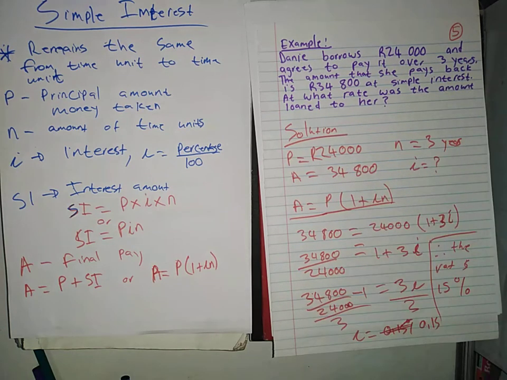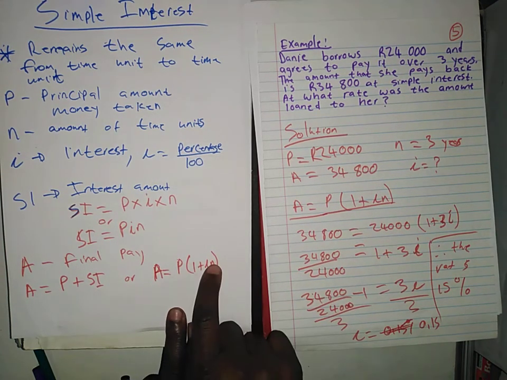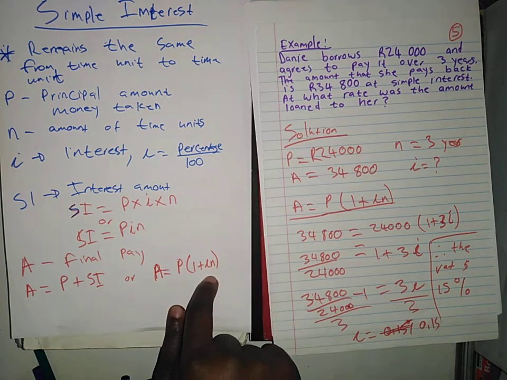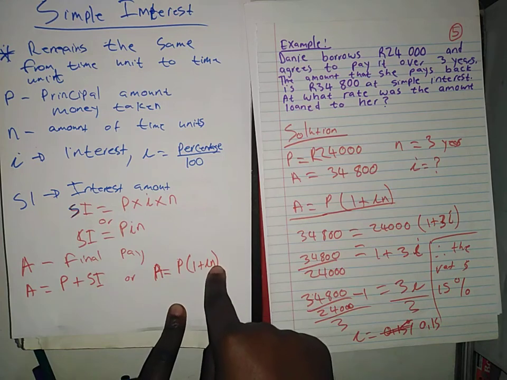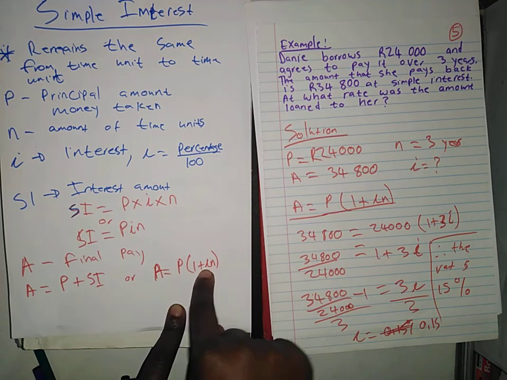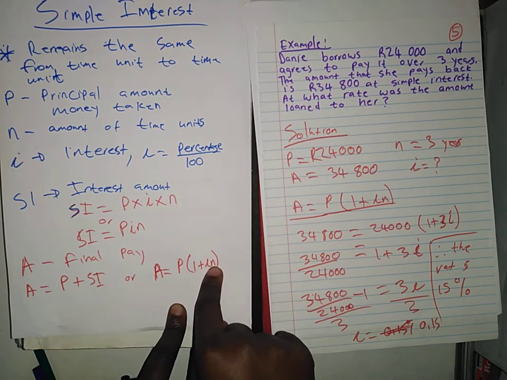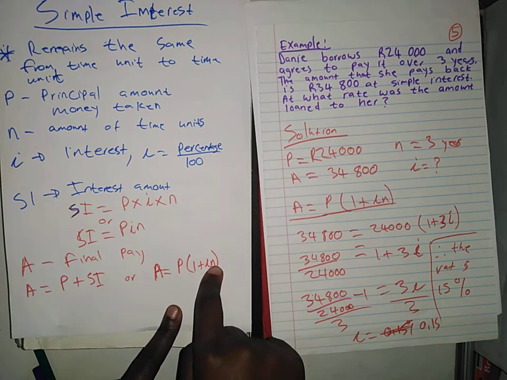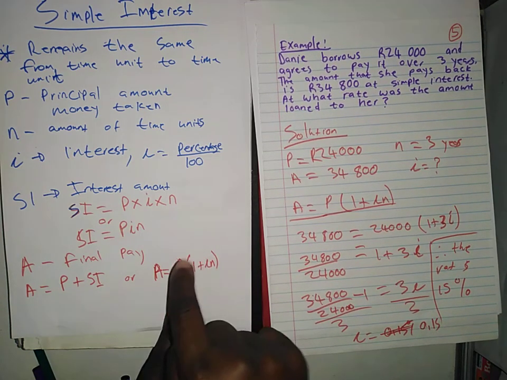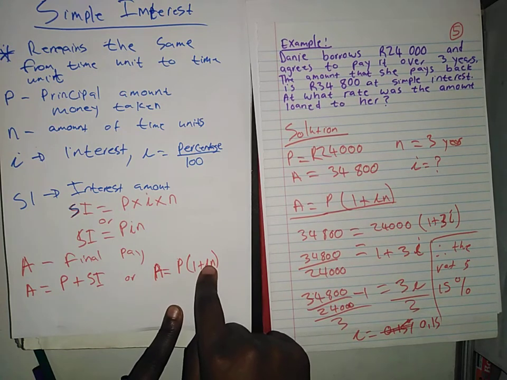Now, what you must remember is that the interest and n must always be in the same unit. So this cannot be per annum and then this be in months. If this interest is per annum, therefore the months must be in terms of years. So for example, if they say 24 months, then you know that 24 months is 2 years.